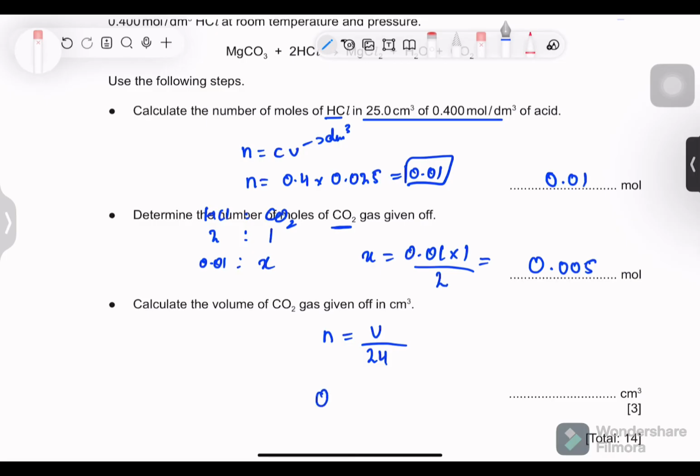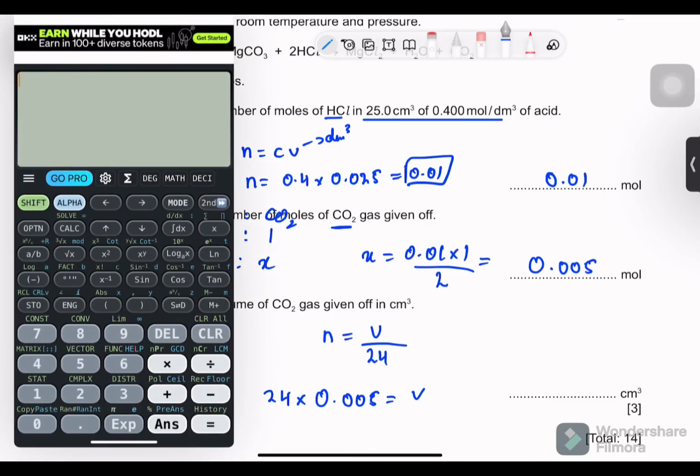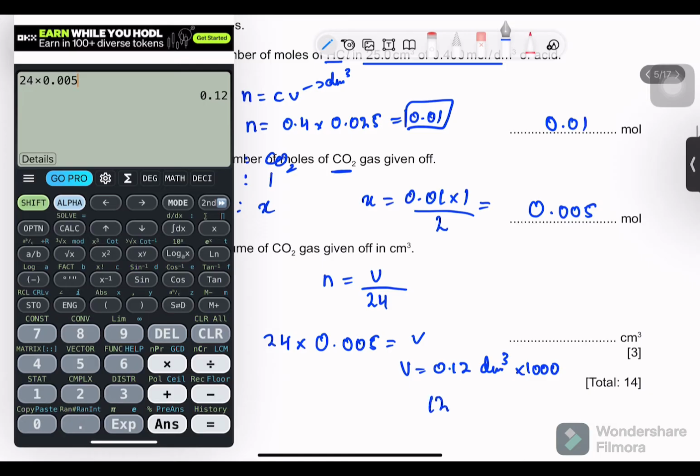So the moles we know, 0.005, equals volume over 24. So the 24 will be multiplied over here. Now the volume will be 0.005 times 24, which is 0.12. But this is in dm cube. For cm cube, we have to multiply by 1000. So which will be 120 cm cube.